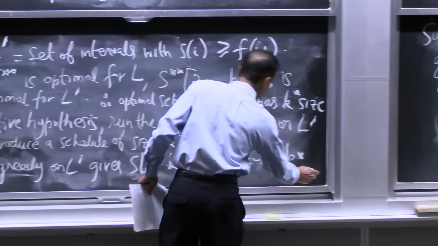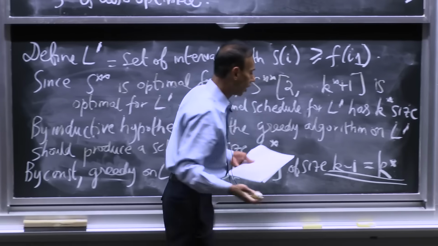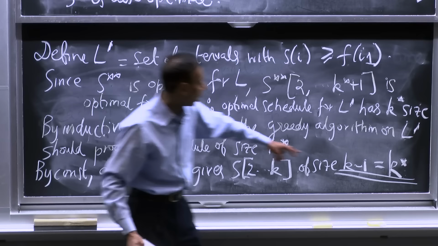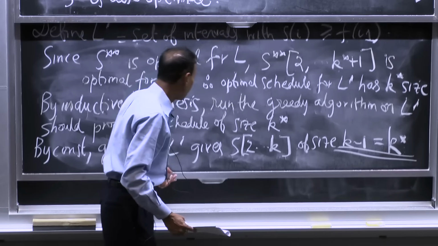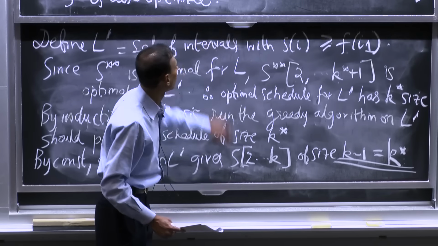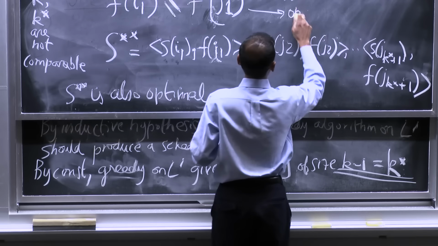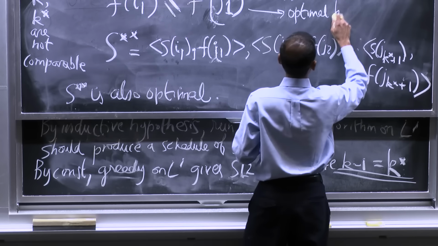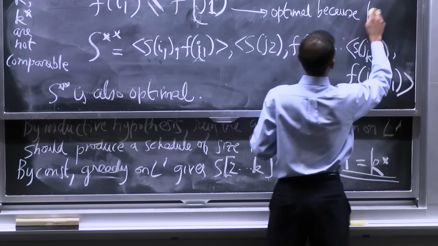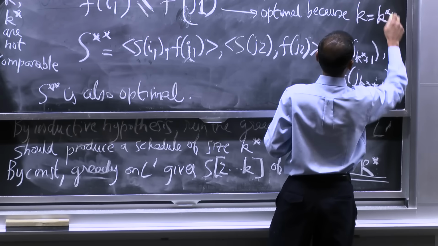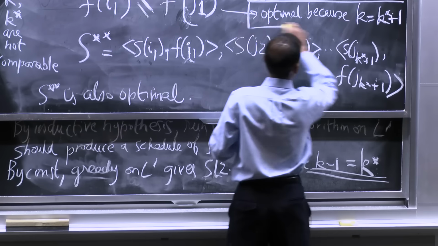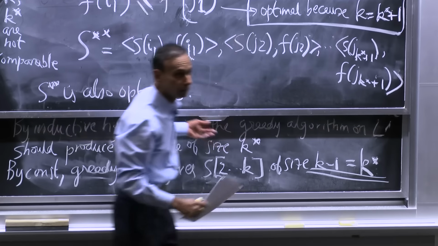So this last step here is all you need to argue now that S of 1k, going back up here, is optimal because k equals k star plus 1. Right? There you go.